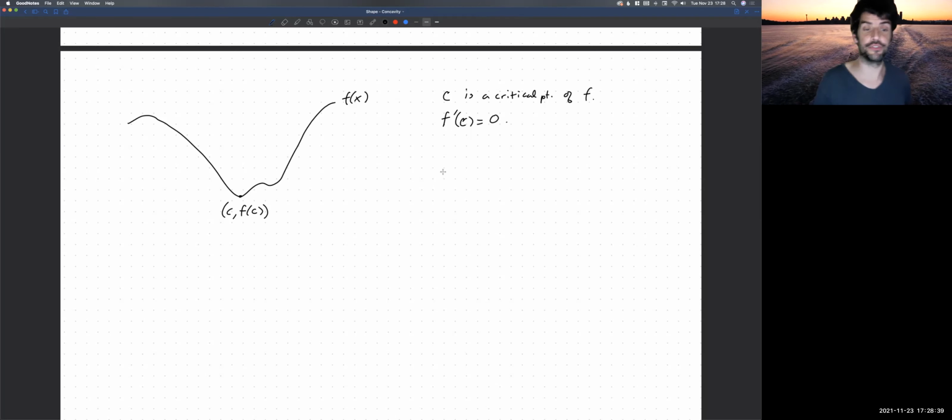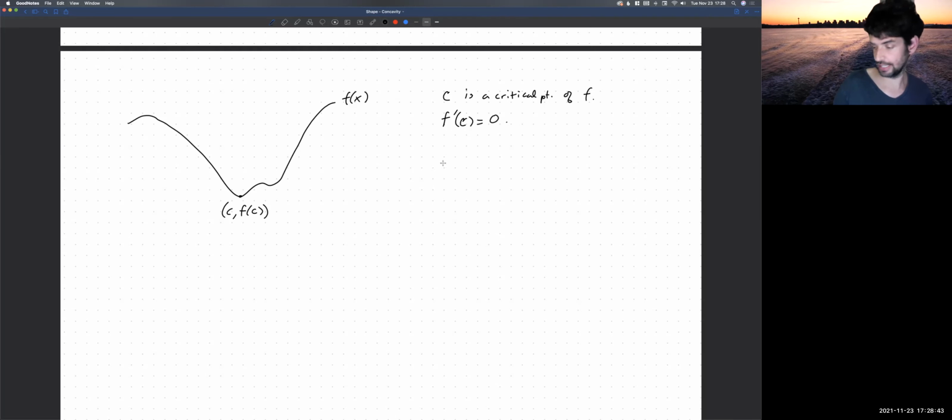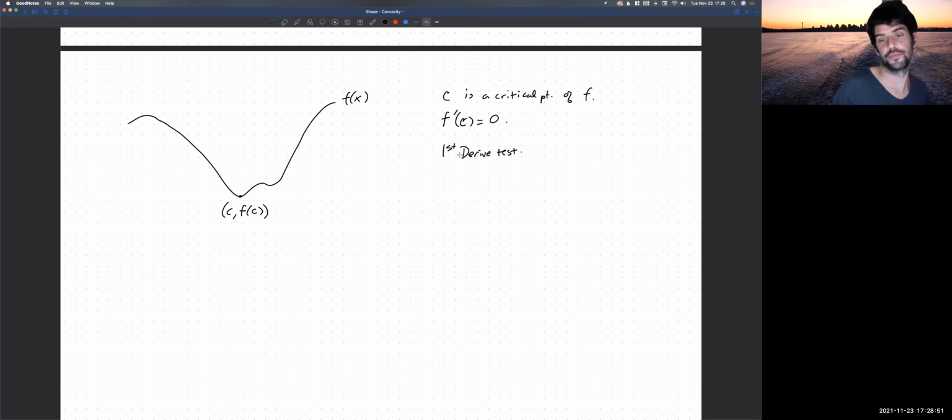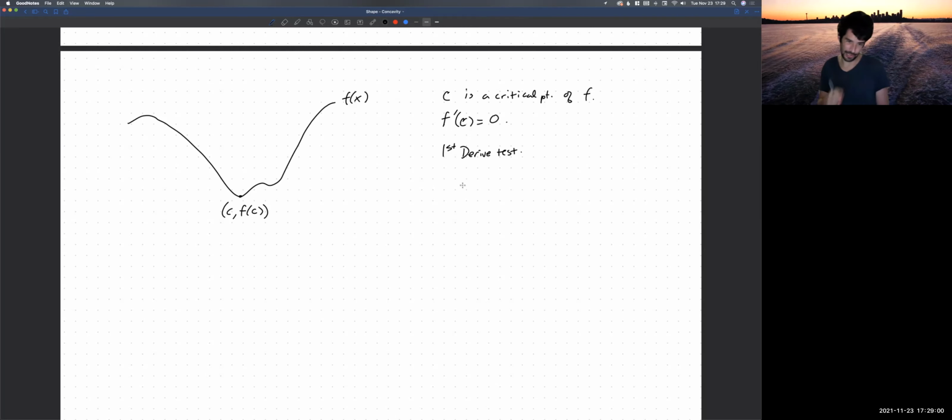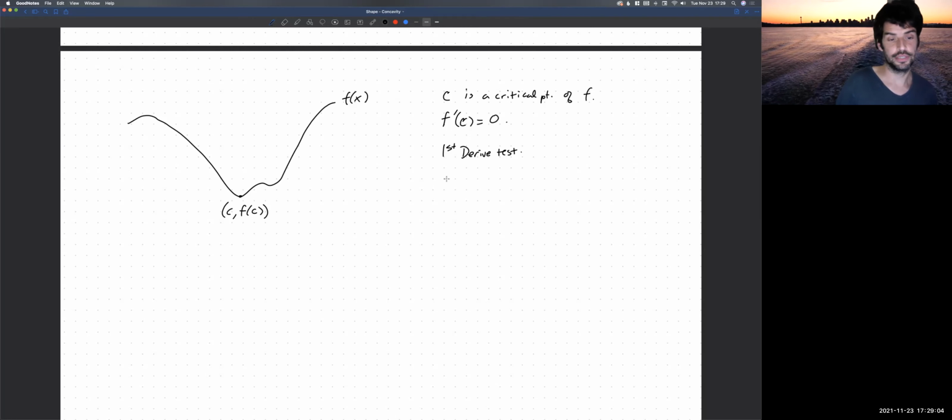And if we conducted the first derivative test, we can probably see by looking at this that to the left of the number c, below c, you can imagine pretty easily the slopes of the tangent lines are negative.